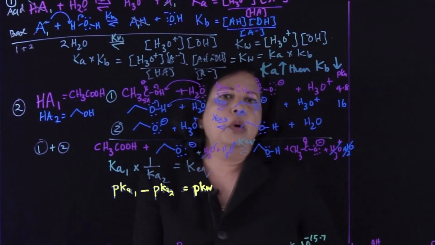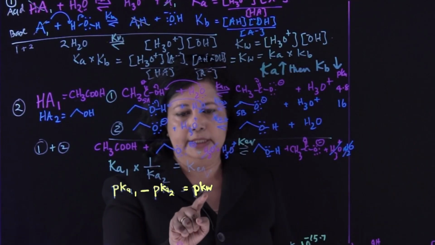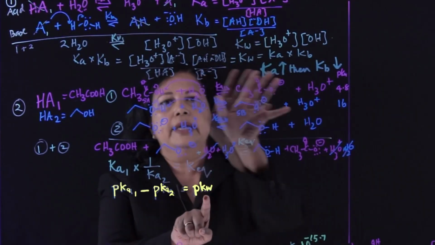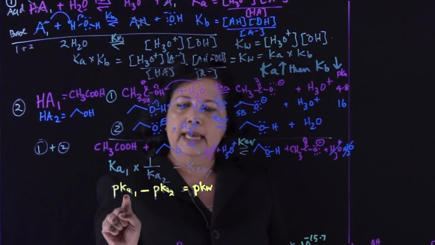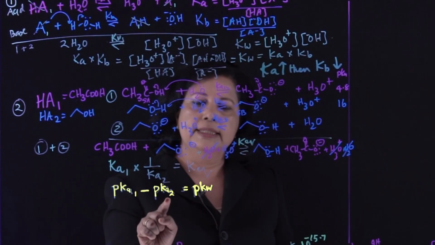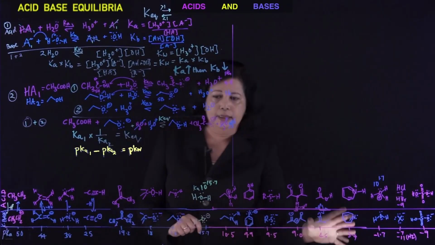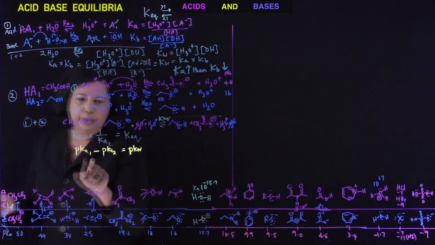Now, if you want your pKw over here for a system, you don't really have to write up all of this. You write out the stronger acid, or the one on the left, minus the weaker acid, and that should give you the pKw. So you really don't have to do all of this. You only need to know this.